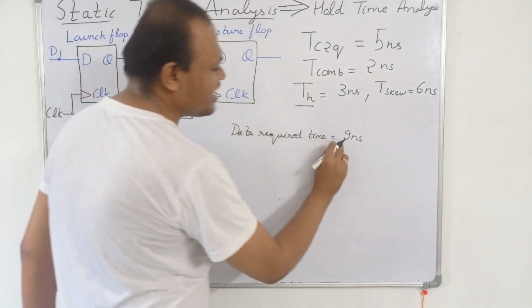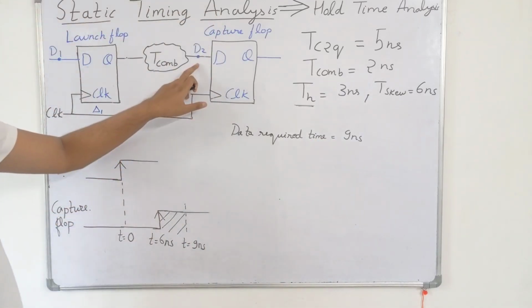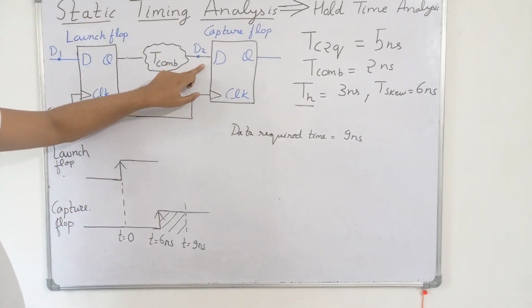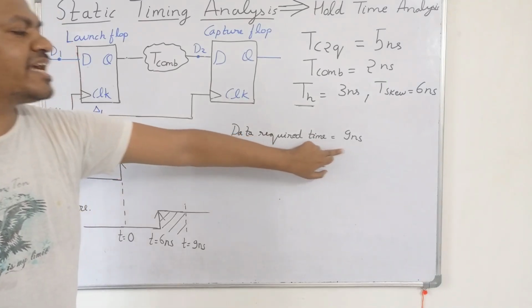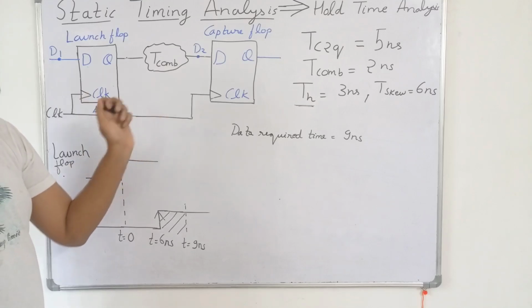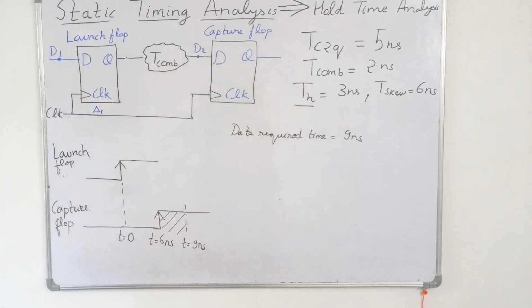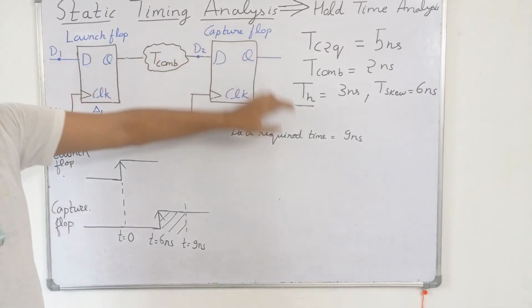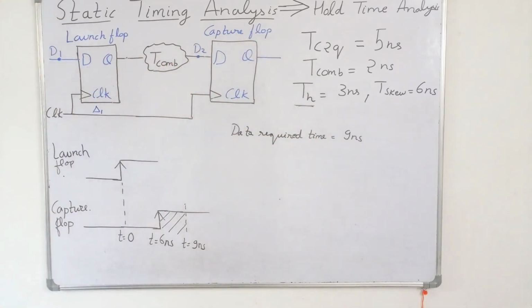Then the data required time is 9 nanoseconds. So when this capture flip flop is capturing data D2, then for at least 9 nanoseconds the new data should not arrive, otherwise D2 will not be captured perfectly. Hence the new data D1 must arrive at the capture flip flop only after 9 nanoseconds. So the data required time is 9 nanoseconds.